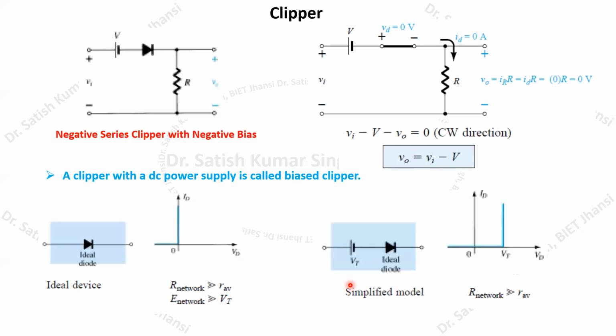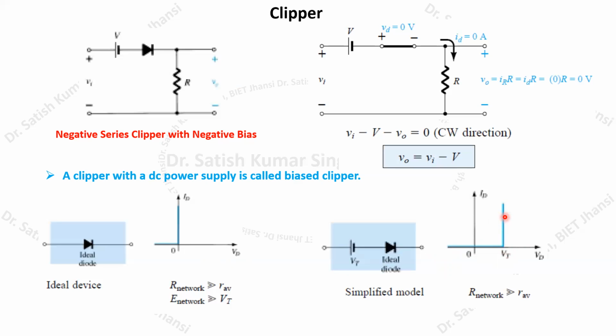Fine. We can also use the piecewise linear model. Here you can see that at the cut-in voltage the voltage is not changing, only the current is changing. So the voltage across the diode is not changing in the simplified model.